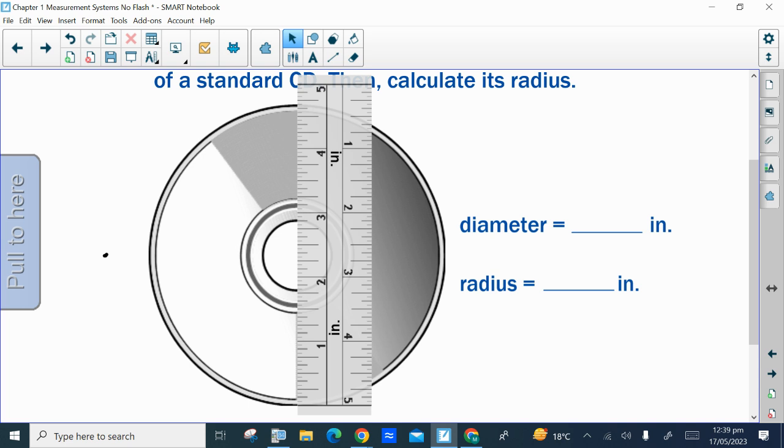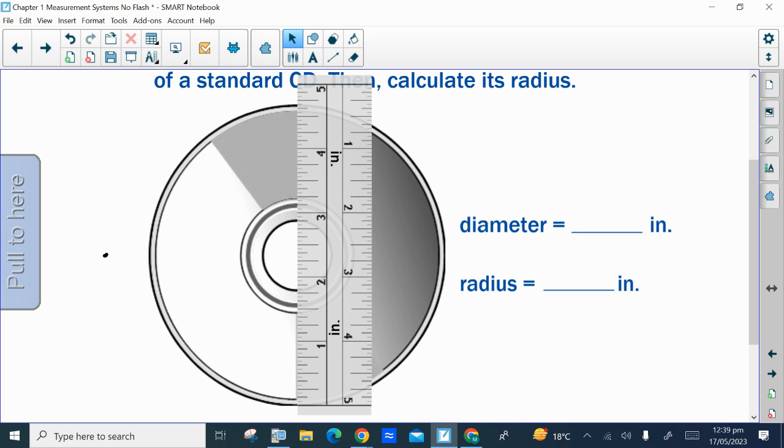It's not in increments of 10. In fact, if you go from 0 and you count how many lines there are, and we notice that they're of different lengths, these lines, but if you count them all, you will see that there are 16 lines between 0 and 1. So therefore, each of these lines stands for 1/16.